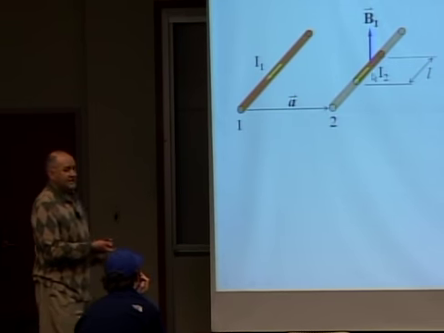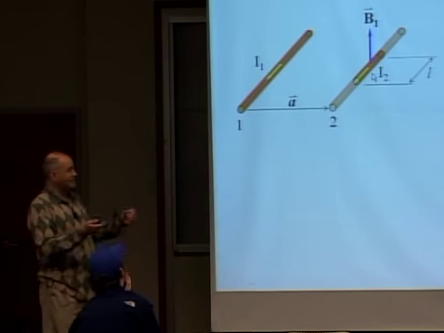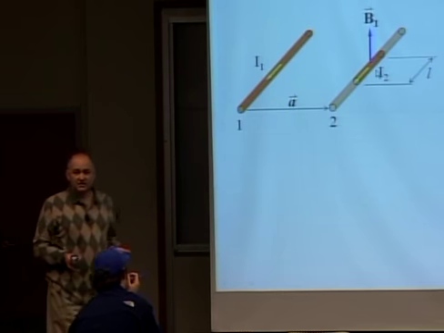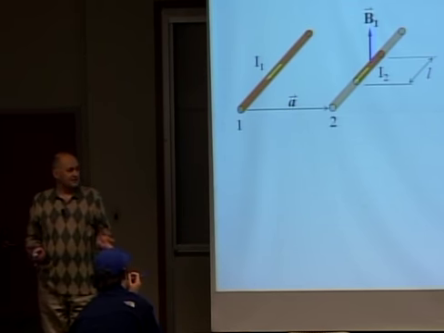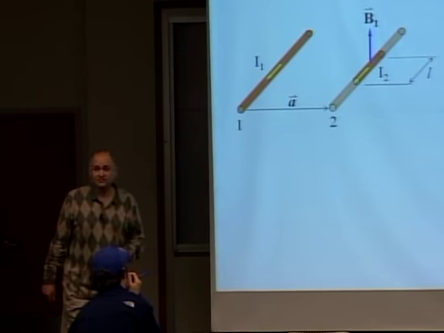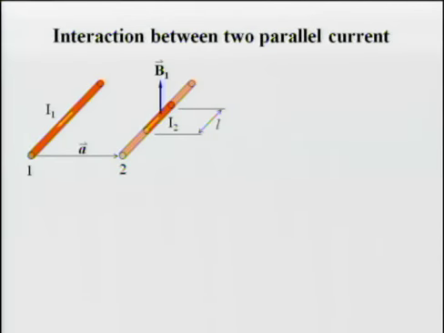And here we have another wire carrying current. Current is flowing in this wire, which means that there is a magnetic force exerted on this wire. Why don't we use the right-hand rule to find out the direction of the magnetic force?